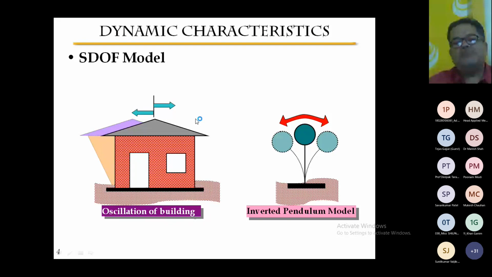So we converted our system, which has infinite degrees of freedom, into a single degree of freedom system, and it behaves like an inverted pendulum.